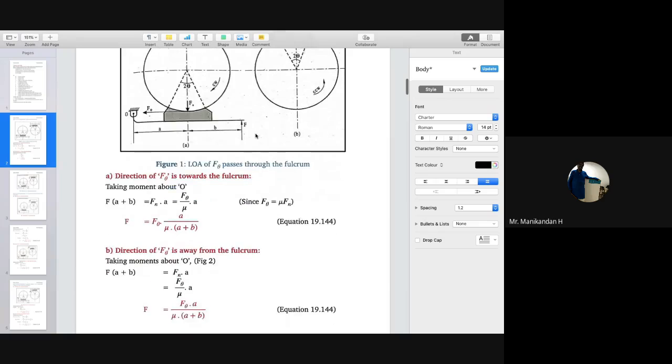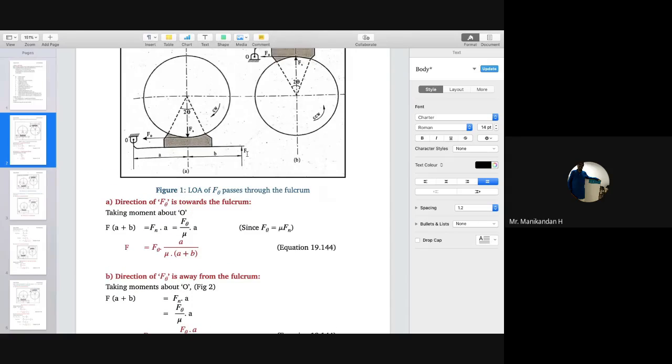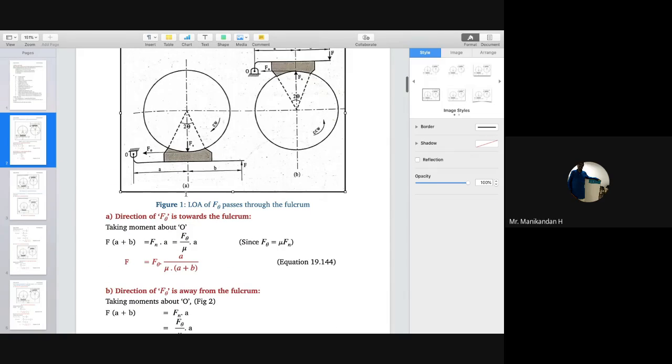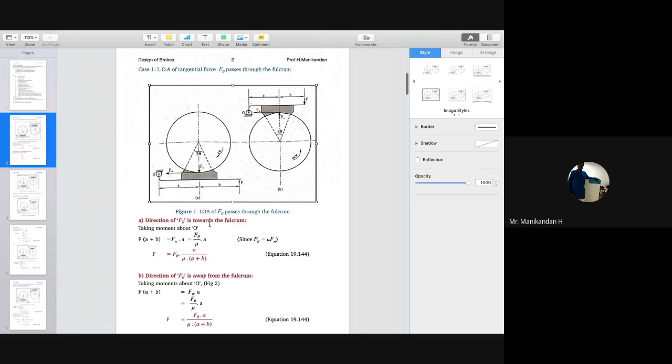In this we have two sub cases depending upon the direction of F theta. The first is where the direction of F theta is towards the fulcrum, which is figure B. So we take moments with respect to O. Capital F into A plus B is equal to Fn into A. F theta will not give any moment because it acts along the fulcrum, so it won't give any moment.